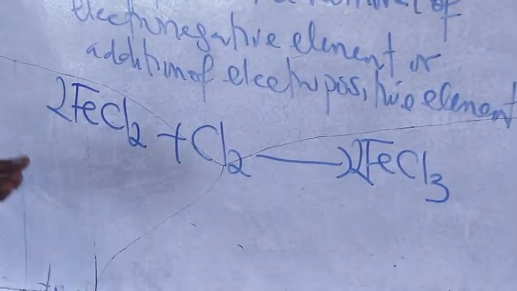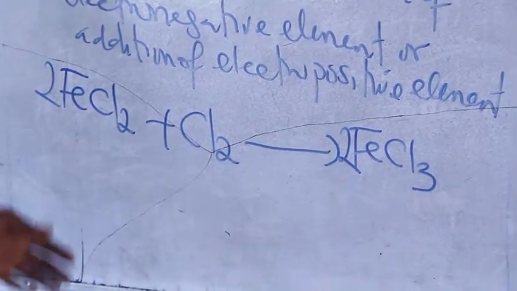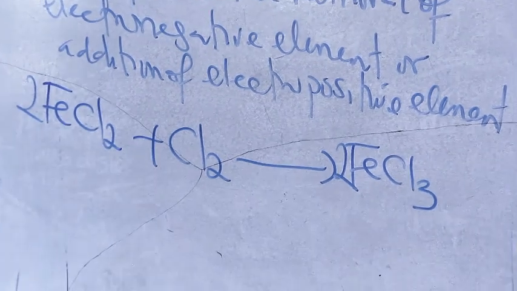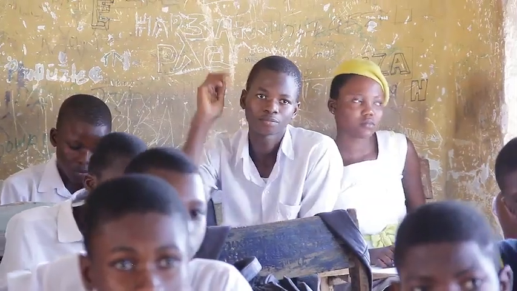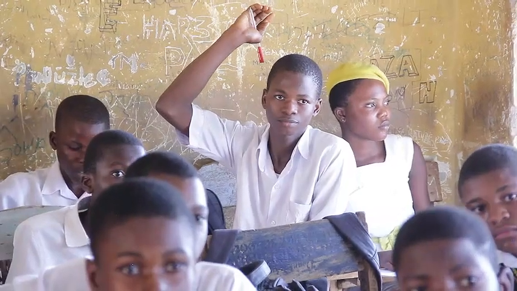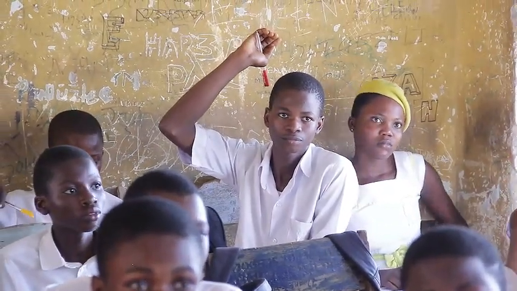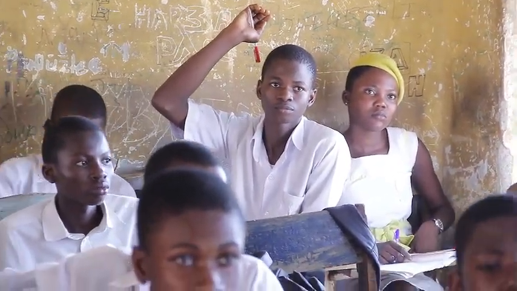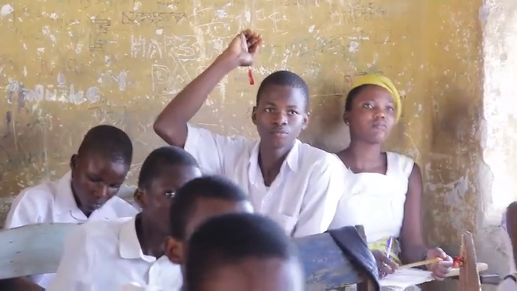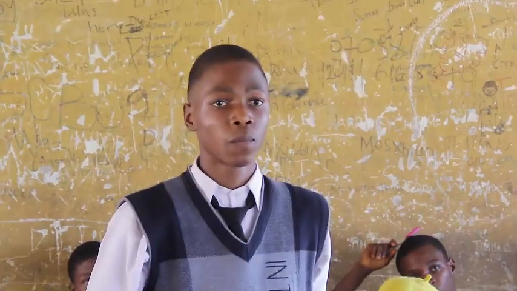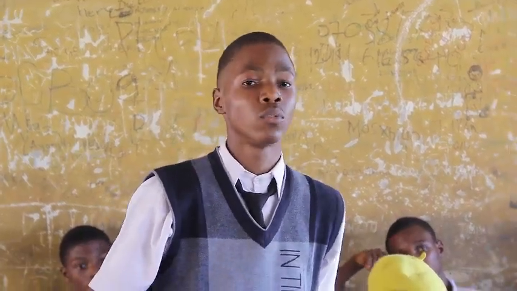Now, which of these elements here is electropositive? Which one is electronegative? Iron is electropositive and chlorine is electronegative.